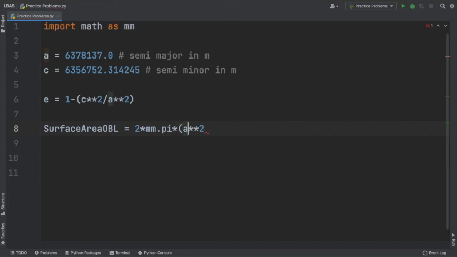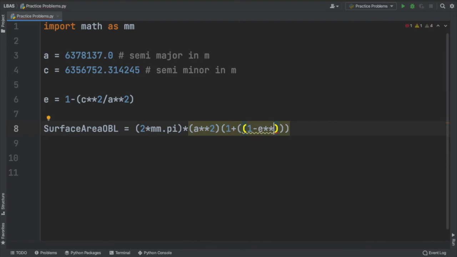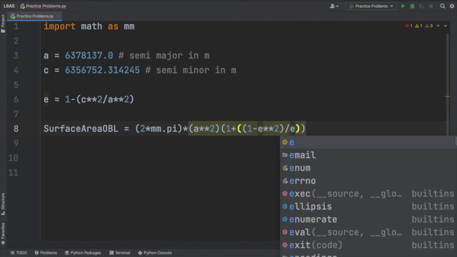I'll try to make it as readable as possible, so it's easier for me to understand later if I'm doing everything right or not. 1 plus, plus 1 minus e square, divided by e.